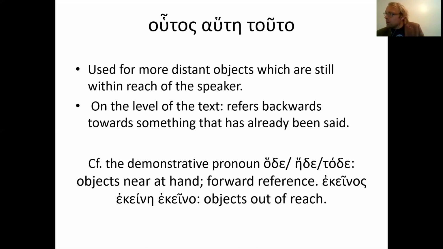Further, on the level of the text, hutos often refers backwards towards something that has already been said, while hode may refer to something that will be said in what follows. But let us overview the full paradigm of the demonstrative pronoun hutos.